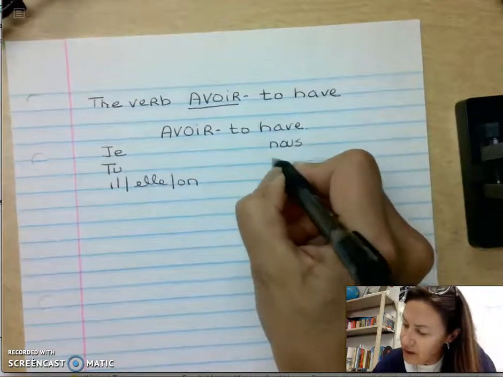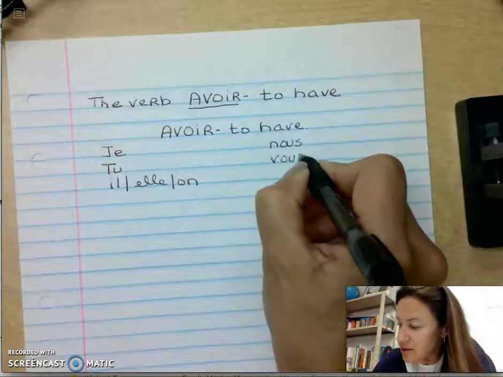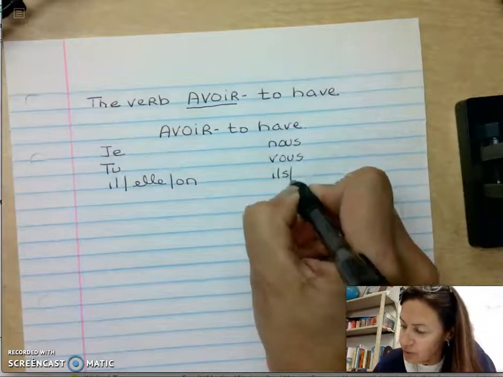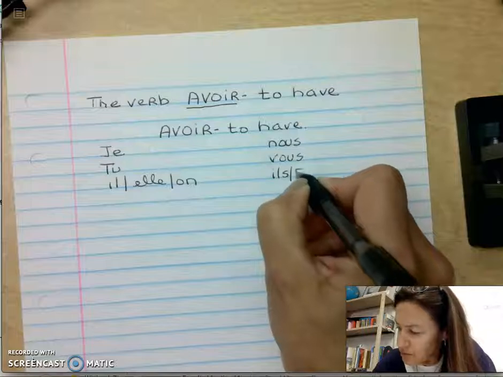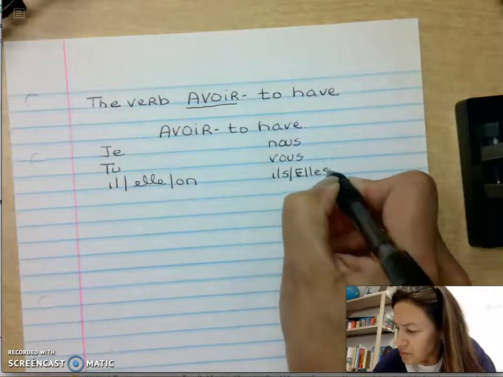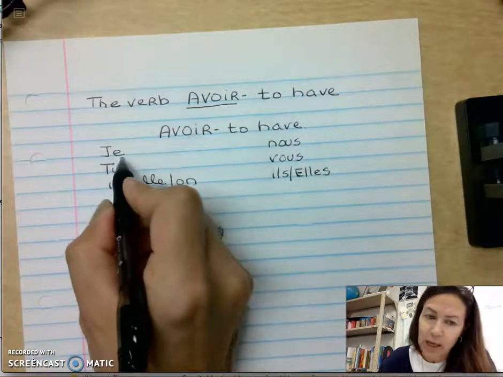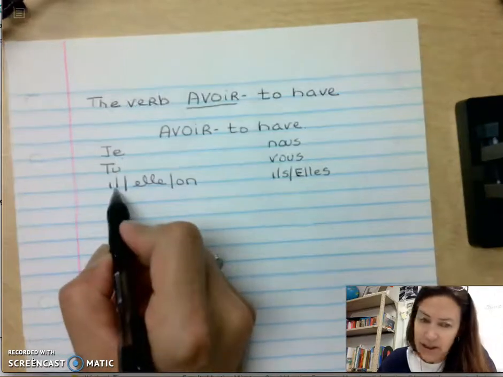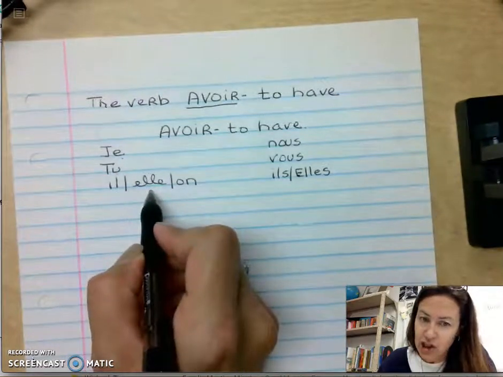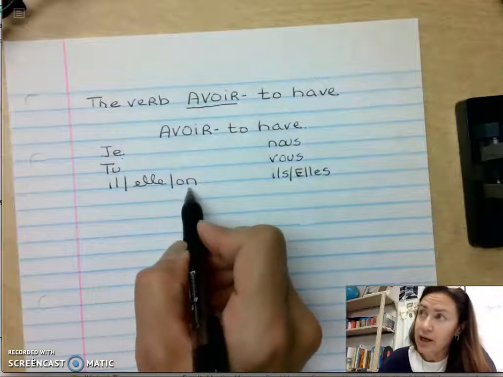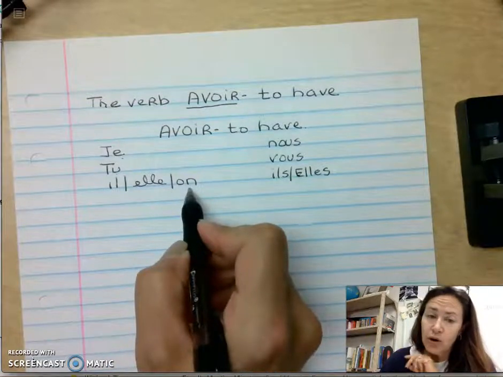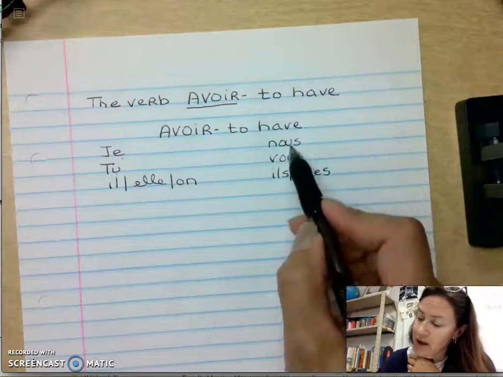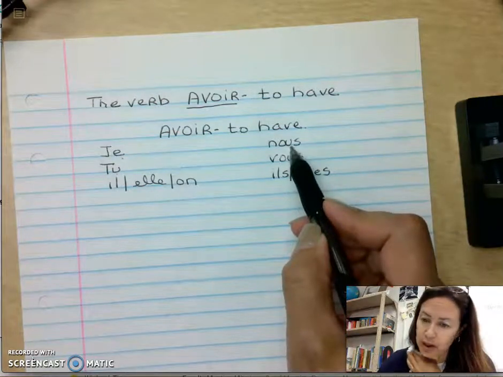And then the second column are the pronouns that we think of as plural. Okay. So we have je meaning I, tu meaning you, il is he, elle is she, on is one, or it can also be we. And then you have nous meaning we.